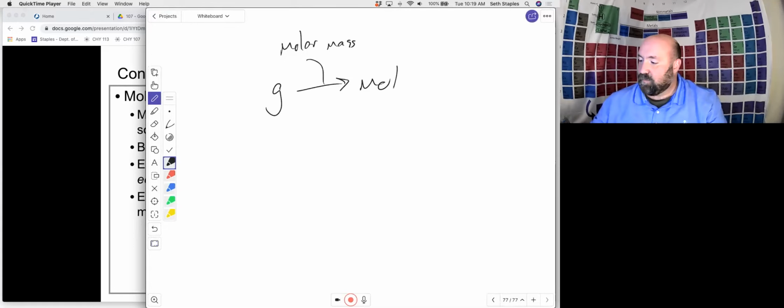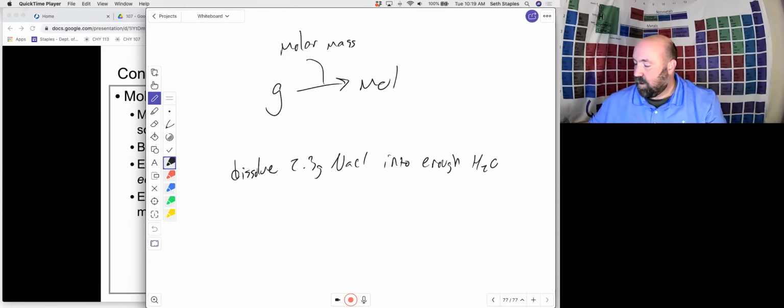For instance, you might need to know the molarity if you dissolve 2.3 grams of NaCl into enough water for a total of 250 milliliters of solution.